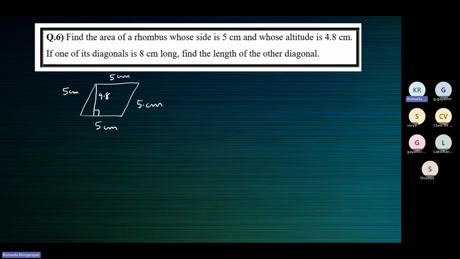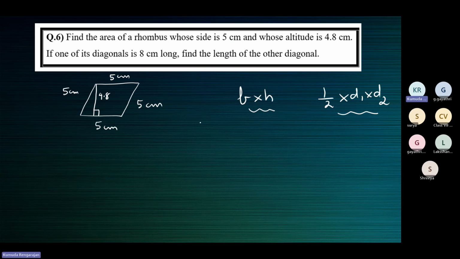Now, we have two formulae to find the area of a rhombus. What are they? Base into height is one formula. Half into D1 into D2 is the other formula. Now, for the same rhombus, whether you find the area using base into height or half D1, D2, the answer will be the same. It's the same rhombus.